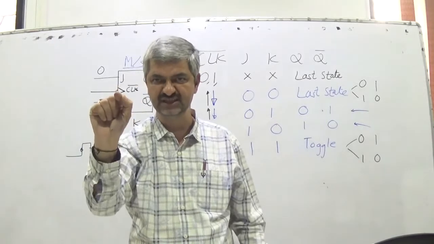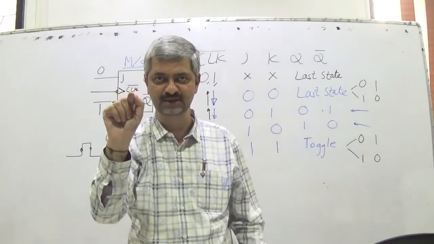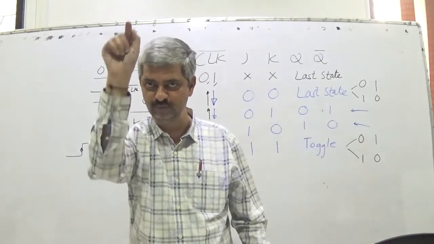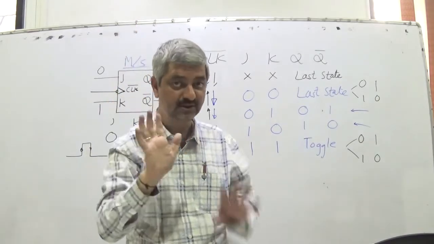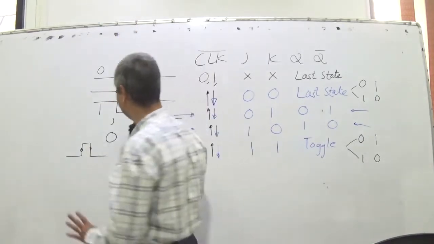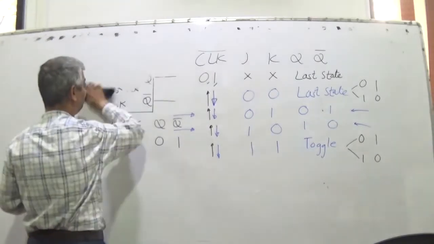When I press a push button, when it is pushed, clock will become 1. When it is released, clock will become 0. Is it clear? So see, I explain this because that is fundamental.